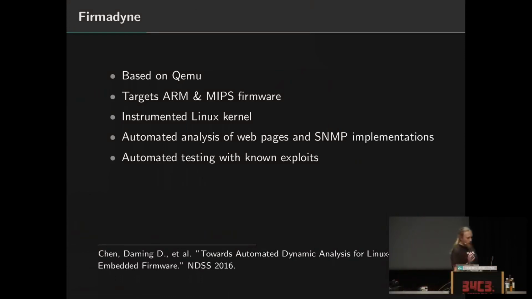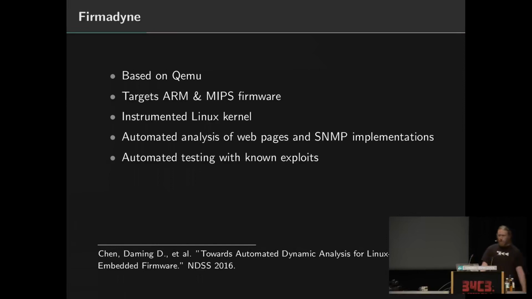So basically it takes the extracted Linux-based firmware, puts it inside the QEMU emulator, and runs it with their own implemented kernel. This kernel allows plugins for automated analysis of web pages and secure network protocol implementations.